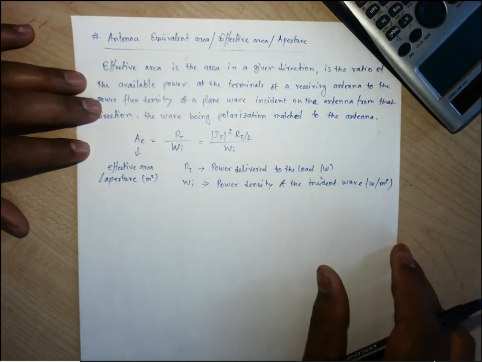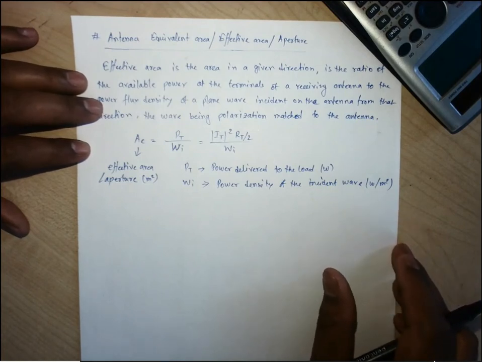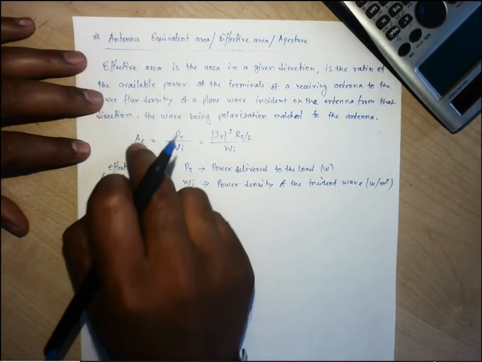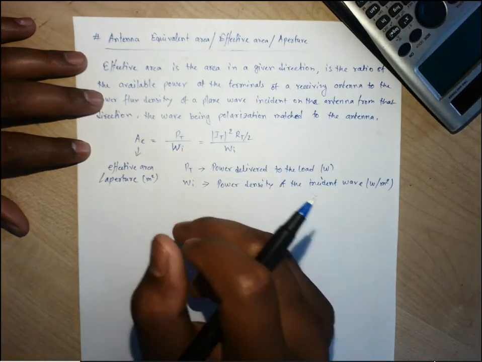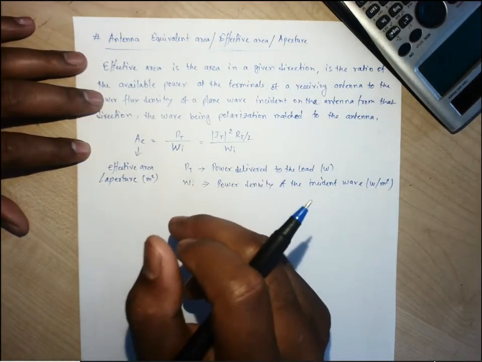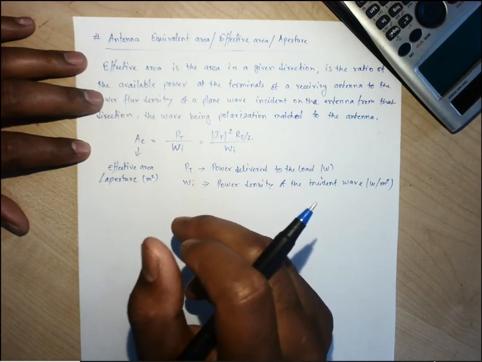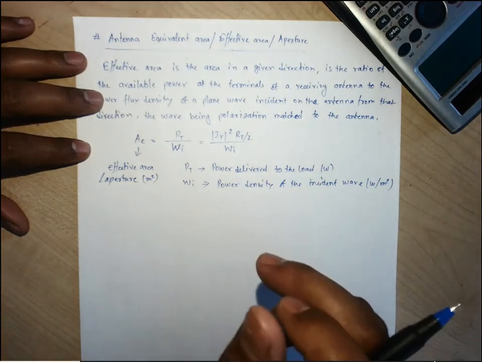Now this effective aperture, when multiplied with the incident power density, will give us the total power delivered to the load.